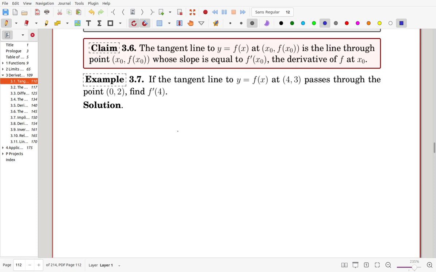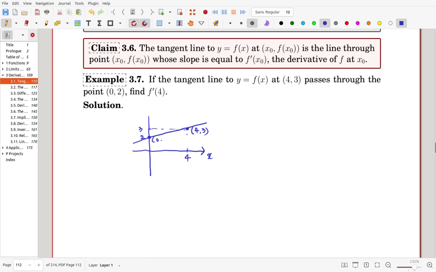Pictorially, on the xy coordinates, x equals 4, y equals 3. That is a point on the curve, and the tangent line passes through 0 and 2, so the tangent line is given in this way. This point is (4,3).